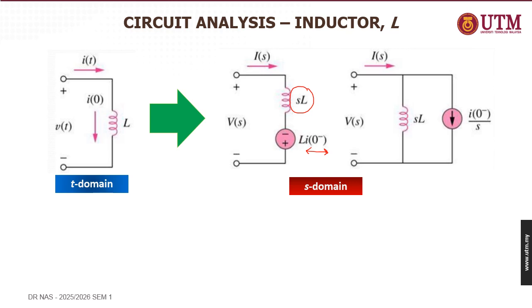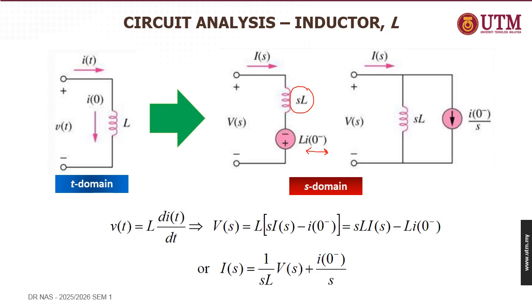Or in the parallel representation, again L in the time domain becomes sL in the s domain, and the initial state, or additional current source, is i(0-) divided by s. In terms of mathematical representation, in the time domain, v(t) equals L di/dt.